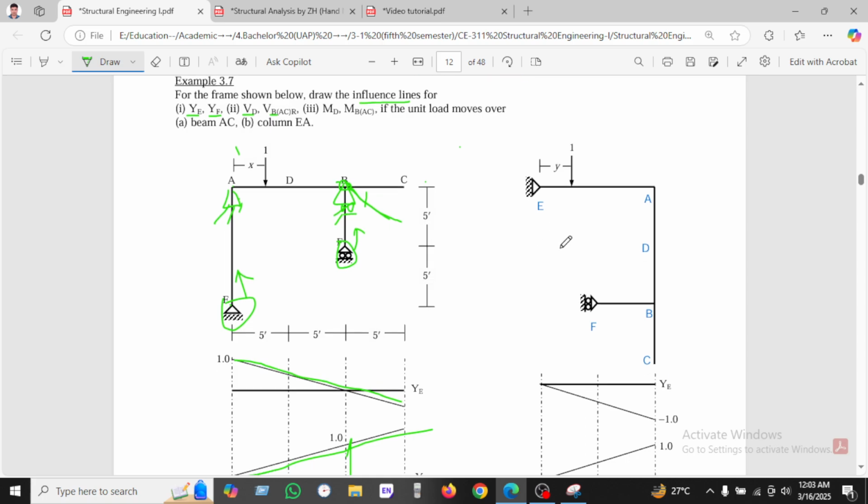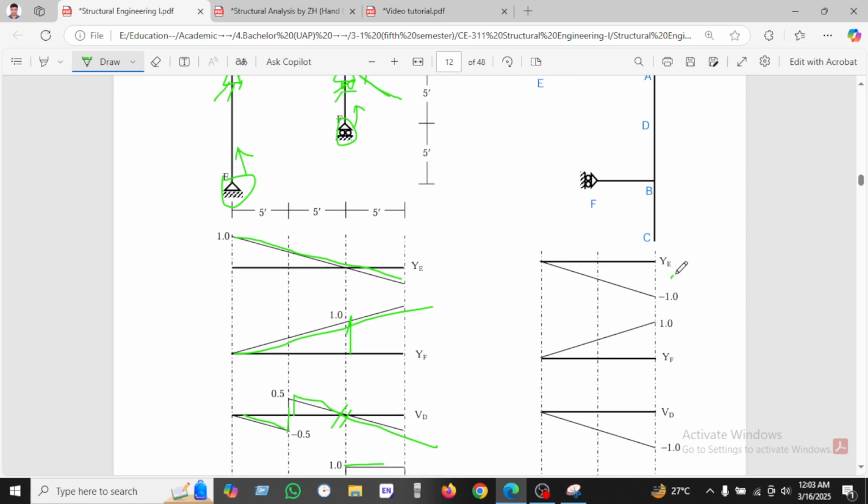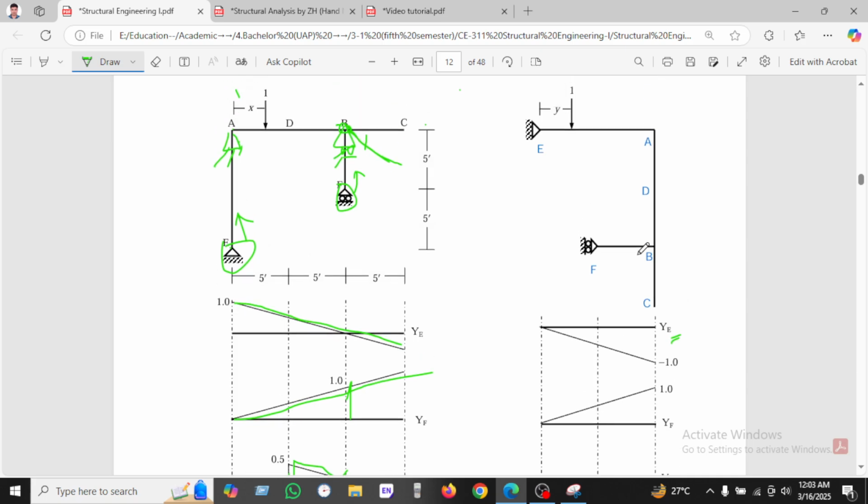So let's see. Now we will calculate YE. How will we calculate YE? As we know, if we want to take one direction in YE, it will not go in here, rather it will act this way. So that's why it is acting this way.